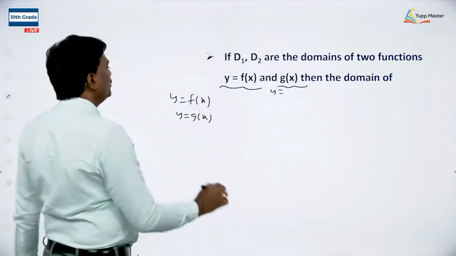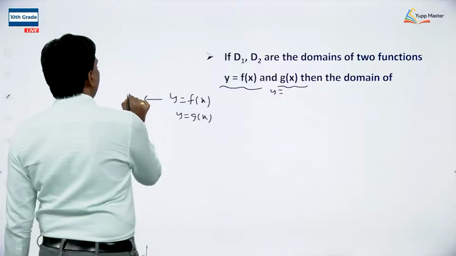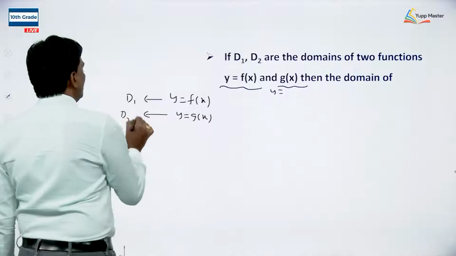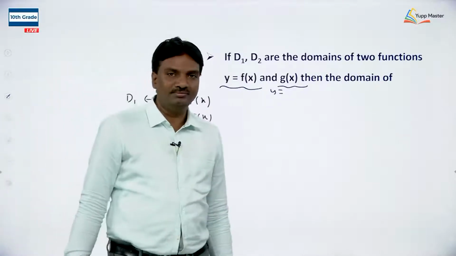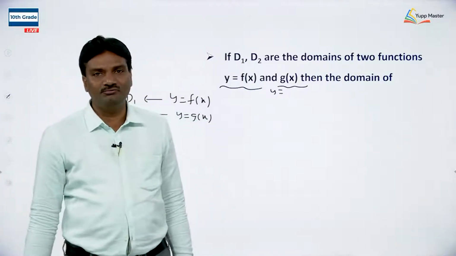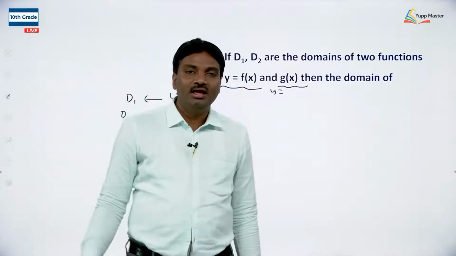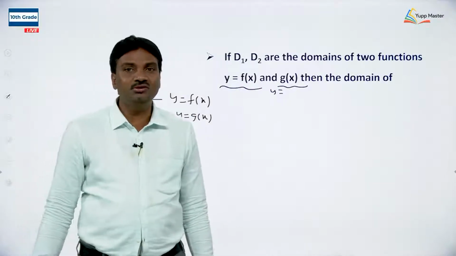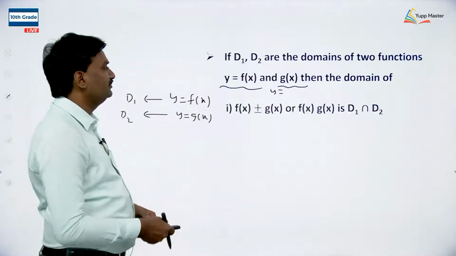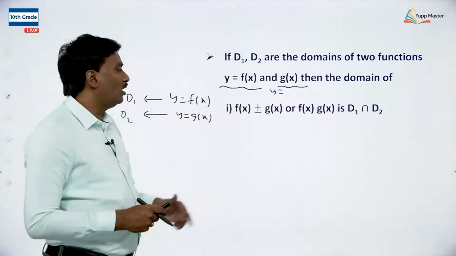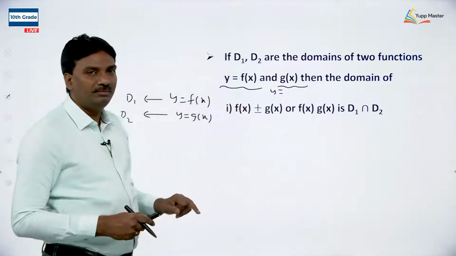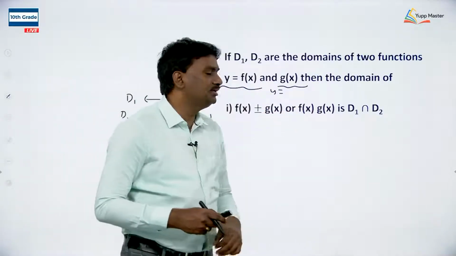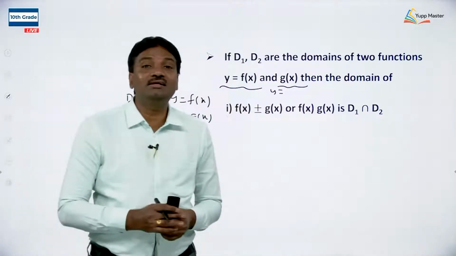For the function y equal to f of x, let us suppose d1 is the domain, and for the function y equal to g of x, let d2 be the domain. Then to find the domain of f of x plus g of x, or f of x minus g of x, or f of x into g of x, it is d1 intersection d2.